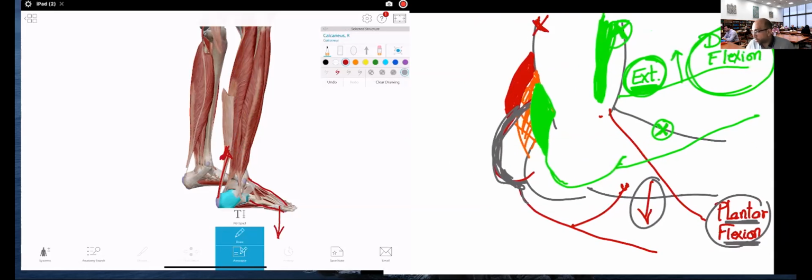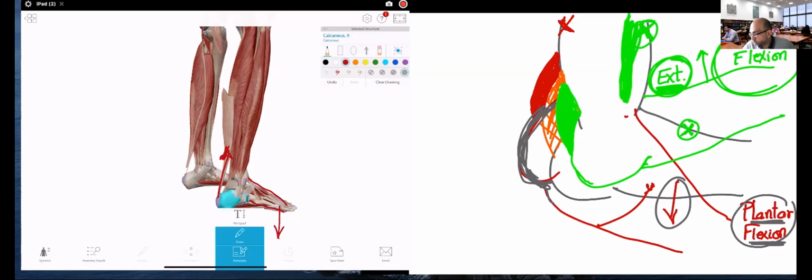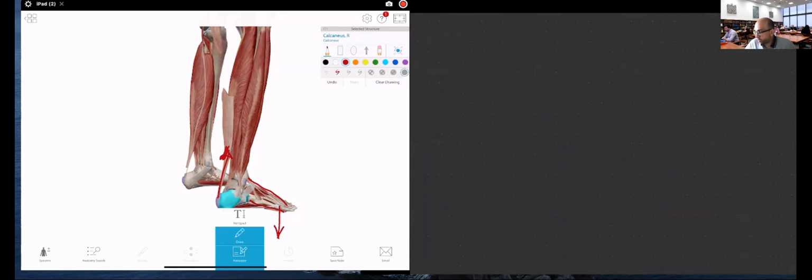I'm not exactly sure what you are describing here, but let me draw this for you. If this is a thigh, this is my leg and foot here.